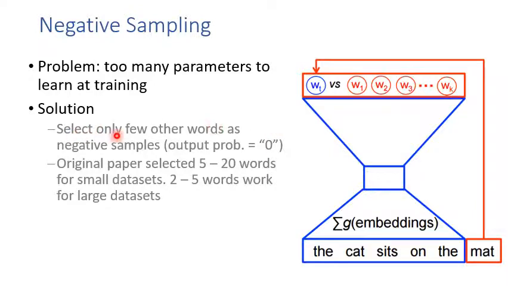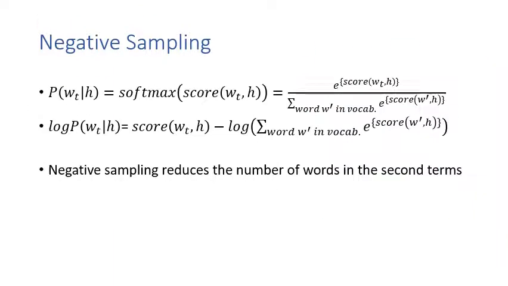We only need to select a few other words as negative samples. The negative samples mean that the output probability is 0. The original paper selects 5 to 20 words for small data sets and 2 to 5 negative sample words for large data sets.